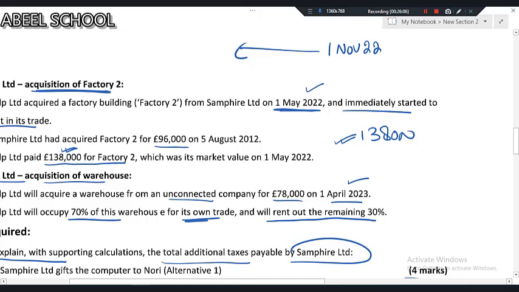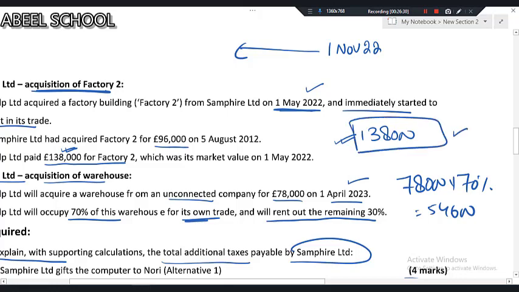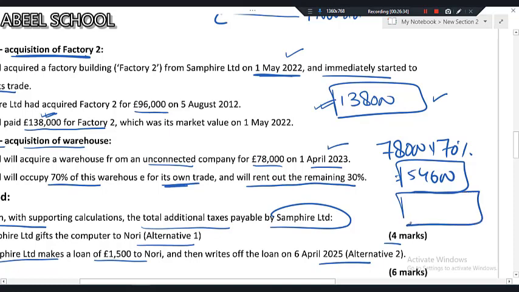Why? Because the entire warehouse is not going to be used as a business asset. Only 70% of this will be used as a business asset. So we'll take 70% of this 78,000, it is coming 54,600, which means that 1,38,000 is the relevant acquisition. 54,600 is also the relevant acquisition for the rollover relief.